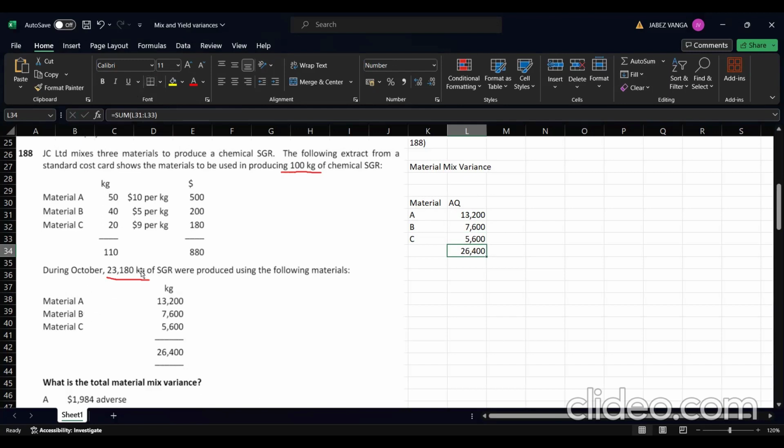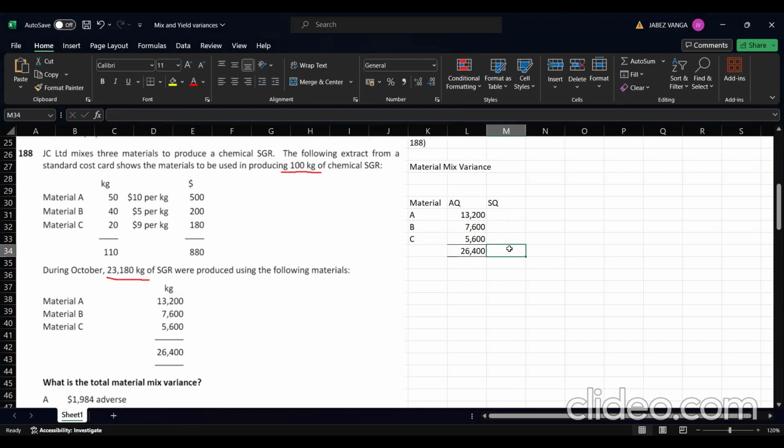The output that is generated is 23,180 kgs of output. So the total input of material is 26,400 of all three types of material, A, B and C. We now have to adjust the standard quantities because standard quantities are given for an output of 100 kgs. Now we need to know what is the standard quantity according to the actual output.